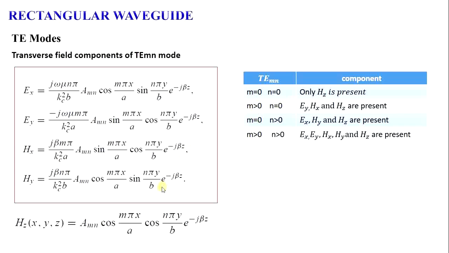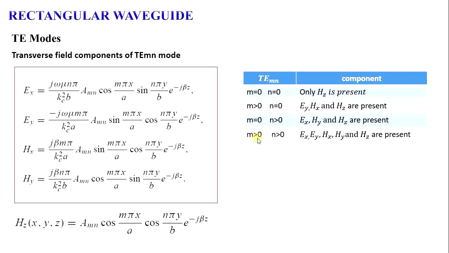If we put m greater than 0, that is 1, 2, 3, 4 and so on, and n equal to 0, only the Ey component, Hx component and Hz component will be present. If we put m equal to 0 and n greater than 0, that is 1, 2, 3, 4 and so on, we get Ex, then Hy and Hz, and the rest of the terms will become 0.